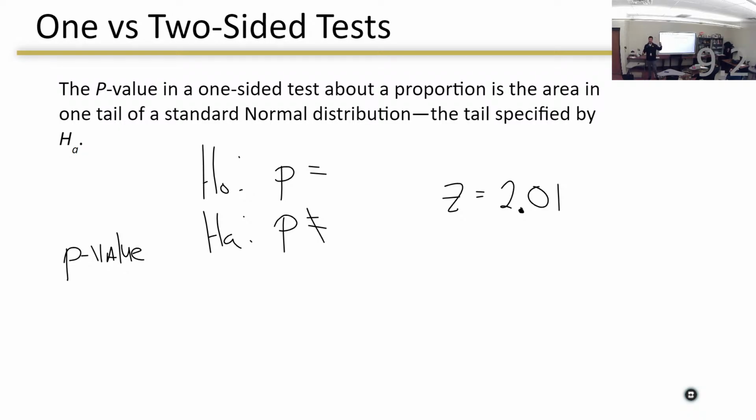So you basically, guys, you have three choices. You can go 2.01 to 99999 and double it. Or you can go from negative 99999 to negative 2.01 and double it. Or you can go from negative 2.01 to positive 2.01 and subtract it from 1 to get what's left over.